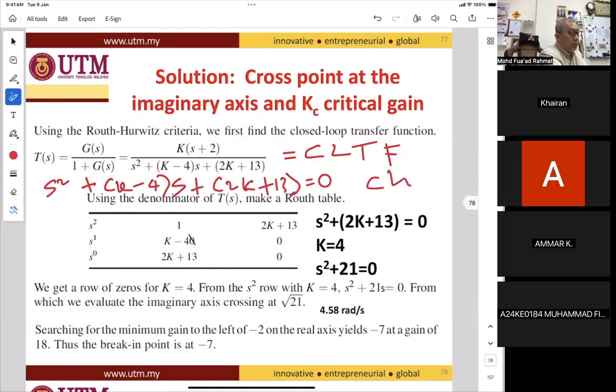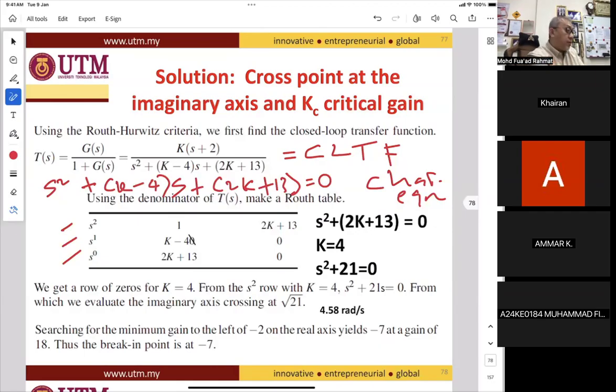So this we call the characteristic equation. So we plug into the Routh array s squared, s1, and s0: 1, K minus 4, 2K plus 13, 0. Then we simplify using the determinant formula as shown in the previous slide.